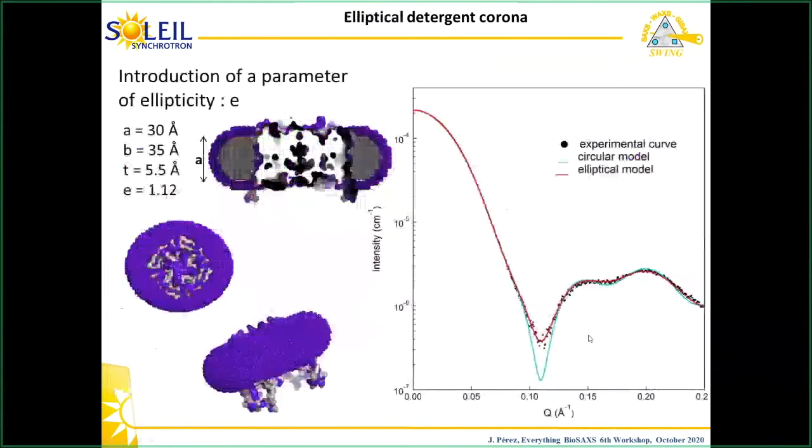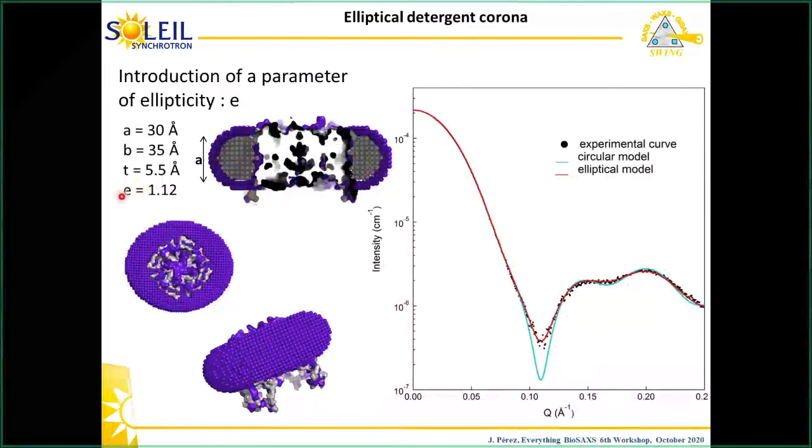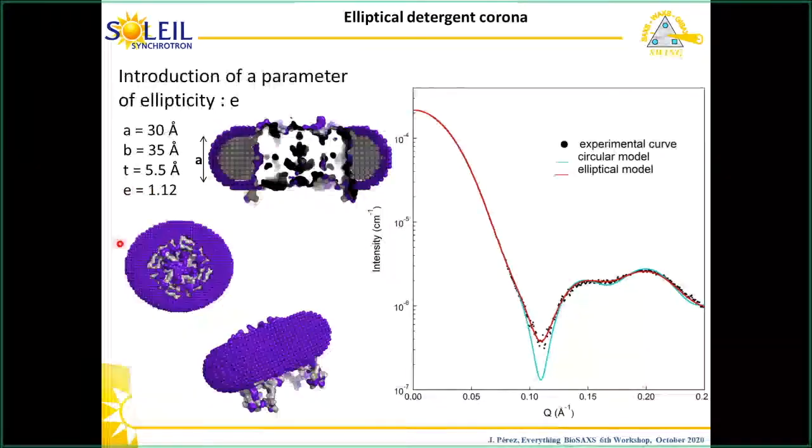But we were not completely satisfied by the quality of the fit, so we added a parameter in the model, and that parameter is ellipticity. So instead of being a circle from the Z projection, it's now an ellipse. And now, as you can see, the experimental data are very nicely fitted.